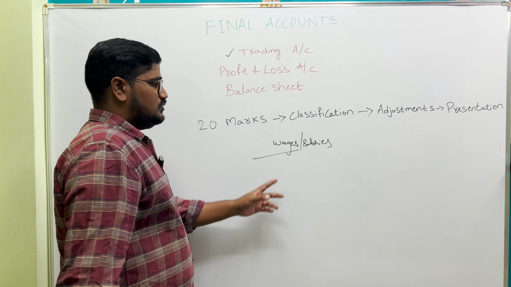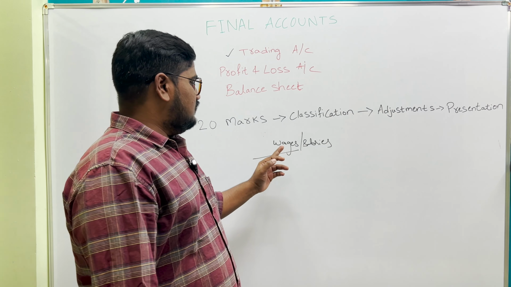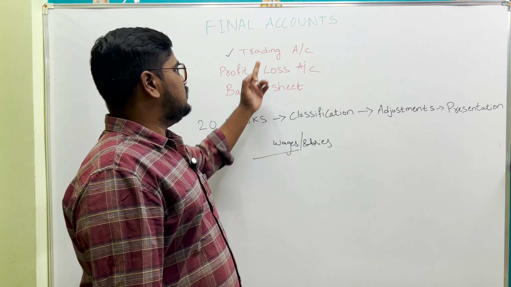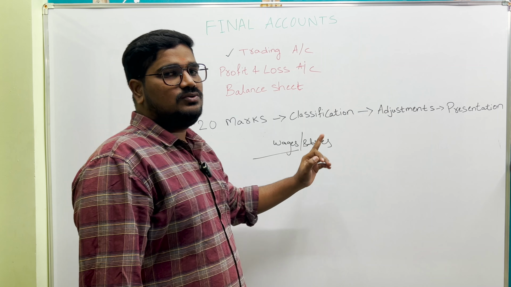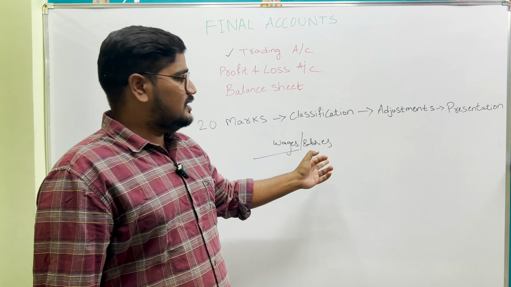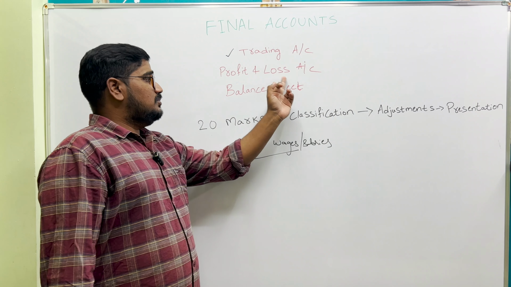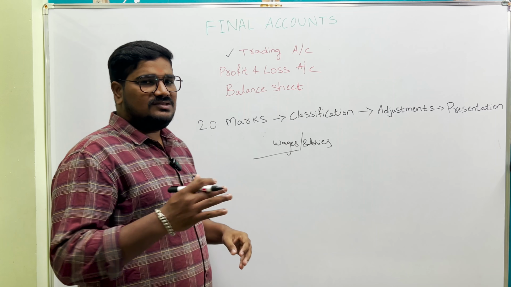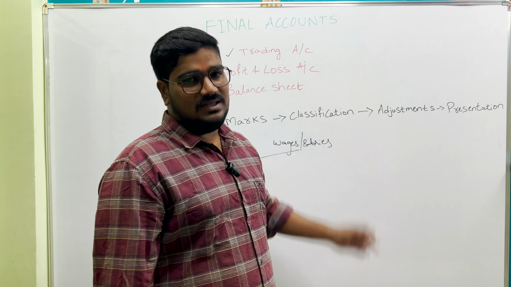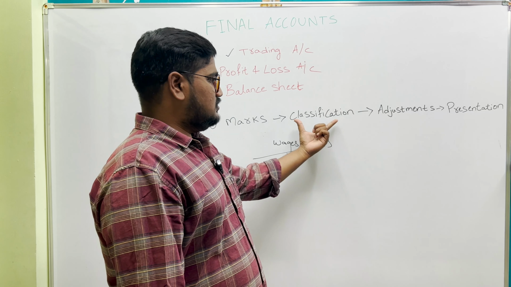Wages we give to the laborers, so when we pay wages, we post them to the trading account. Salaries we give to our employees or contractors, and that comes under office expenses and is posted in the profit and loss account. In this way, how we classify the entries is what is tested.